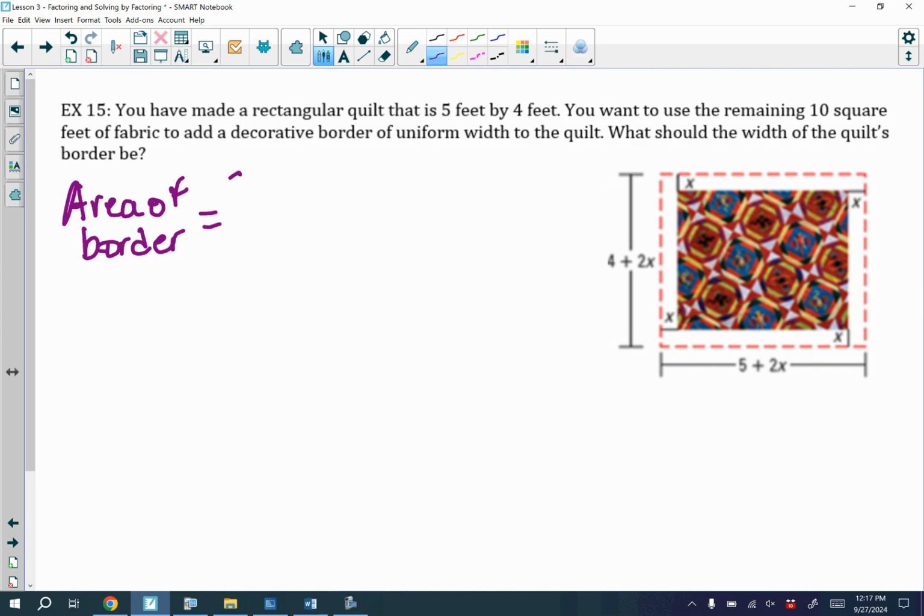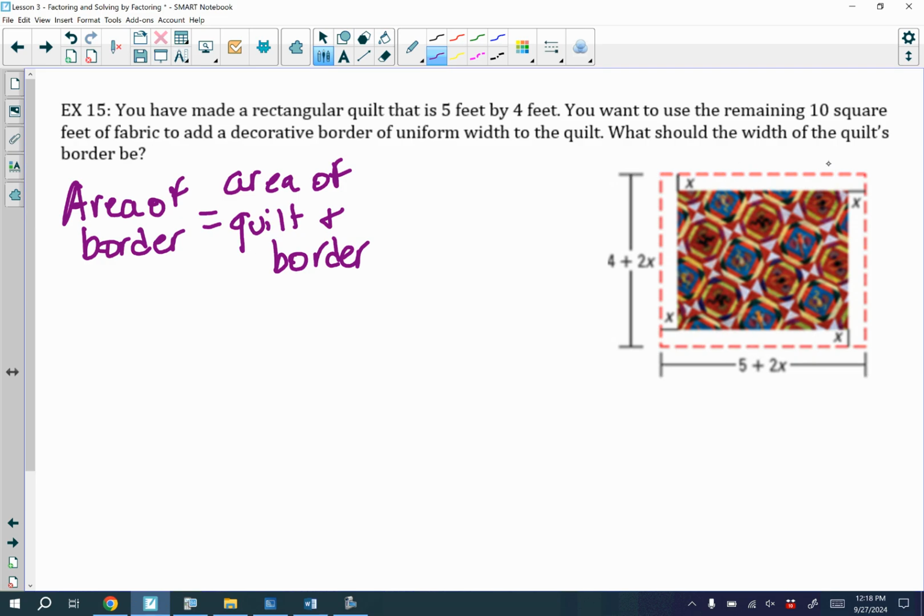So here we want the area of the quilt and the border. That's the entire thing. We're trying to find the area of the dashed red.